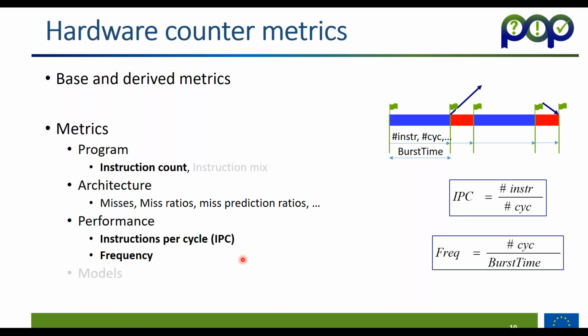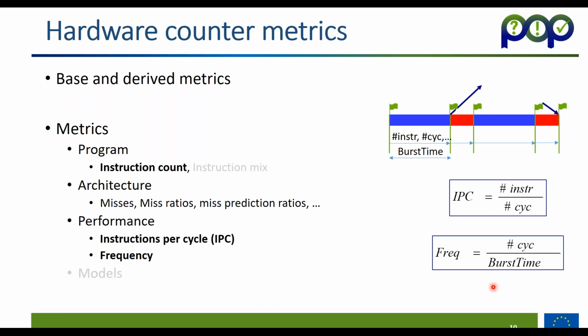And these metrics I am showing here are easy to compute based on the available data in the trace. You have the instructions, you have the cycles, you can compute IPC. Frequency is also interesting because you have the cycles, you have the duration, the elapsed time between the events, and then you can compute the effective frequency.